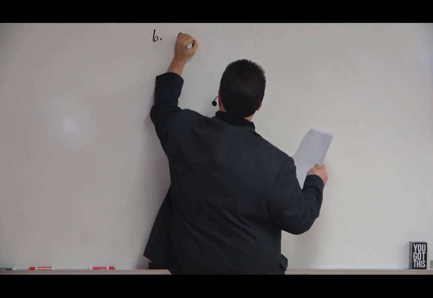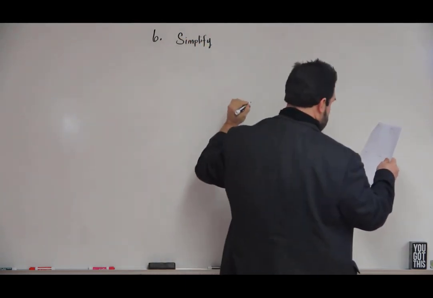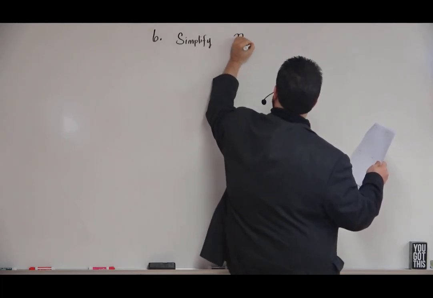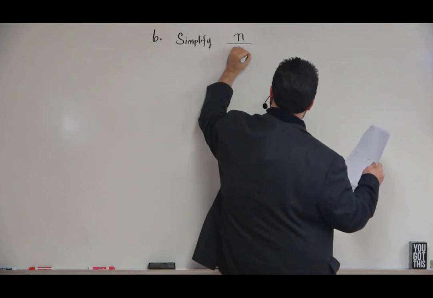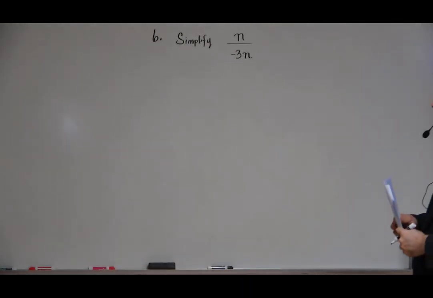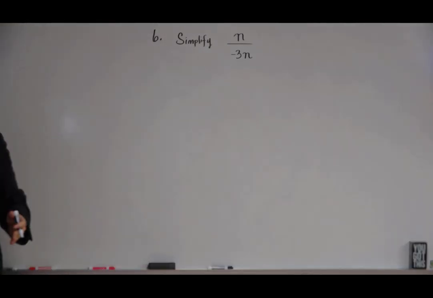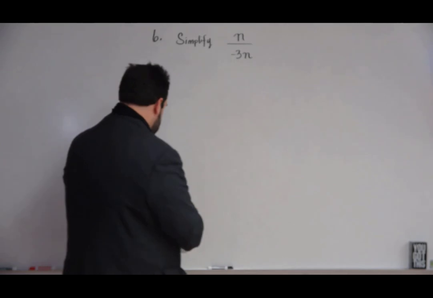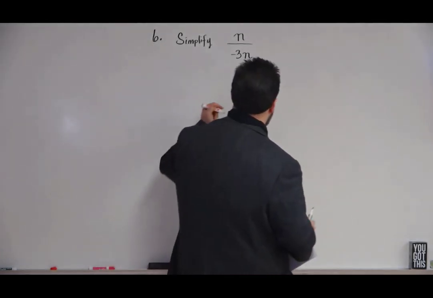Simplify. Okay, simplify. n over negative 3n. All right. Now this problem can be easy or this problem can be hard. Let's treat the problem like we're taking math seriously, okay?